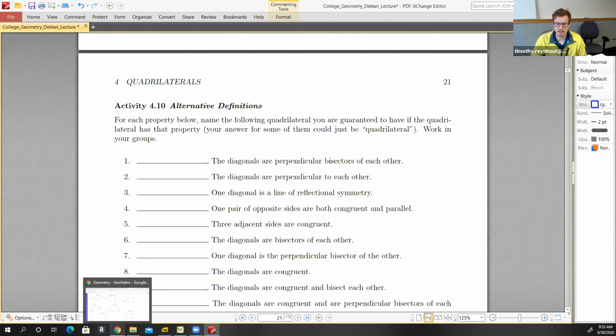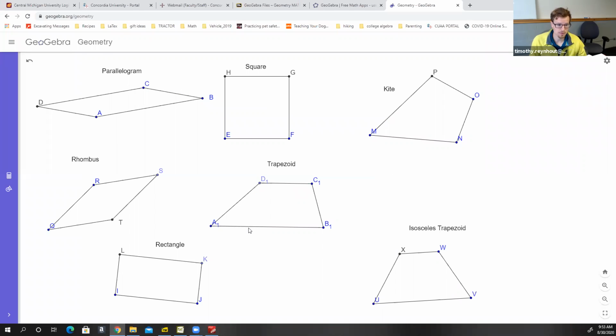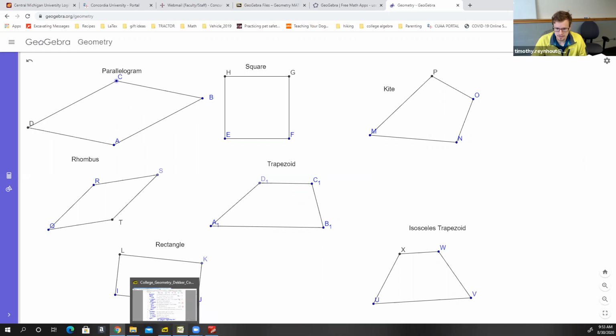But to help us out with that, I want to take a look at this program again, just because it's helpful. I'm looking at one property, and I want to look at all of our quadrilaterals. If I have the property that the diagonals are perpendicular, essentially what ones do I know that I'm talking about?